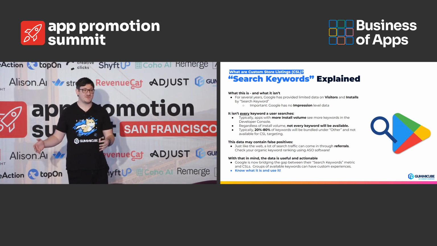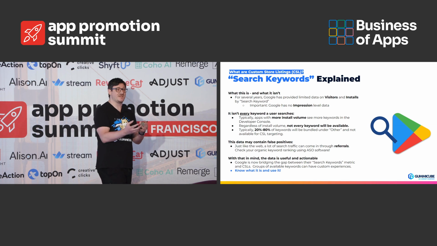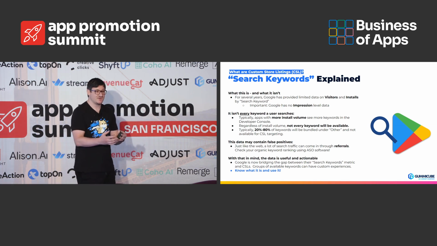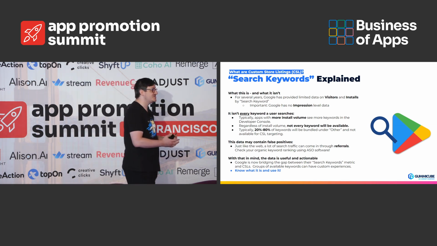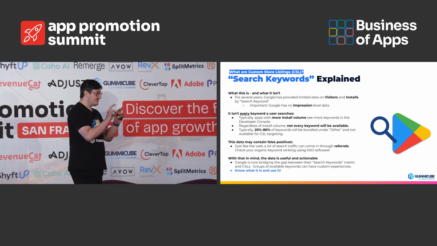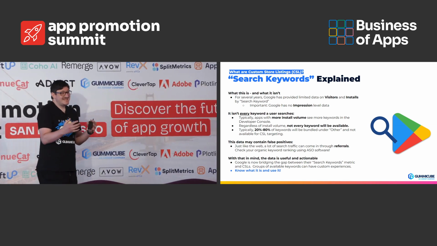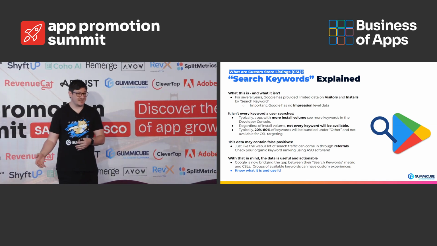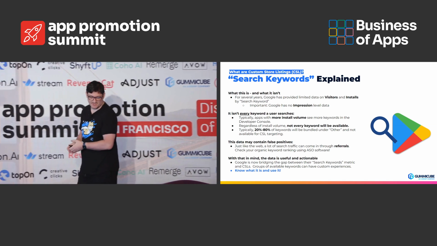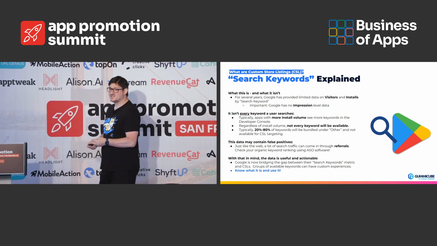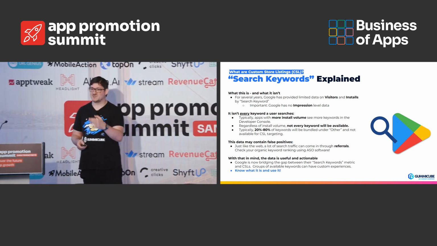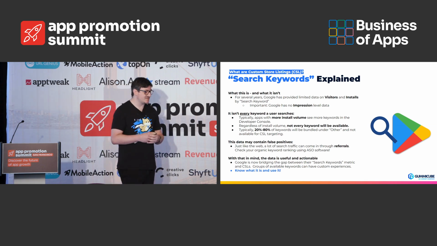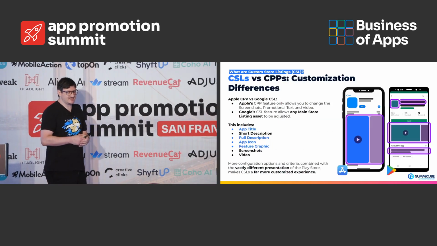There could be a lot of opportunity out there that Google puts in this other bucket where up to 80% of your keywords could end up and it never gets disclosed where those users come from. And where the most of your traffic comes from, that frankly is really what you've already targeted. It's not saying there's not opportunity anywhere else, right? It's not a foregone conclusion. So that's what Google considers search keywords. It's like your top 10 or 20% of keywords where you currently get traffic. And it ties into CSLs in some ways.